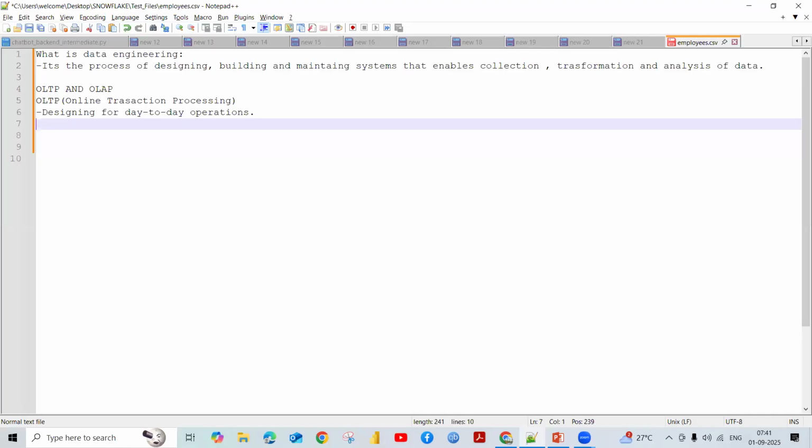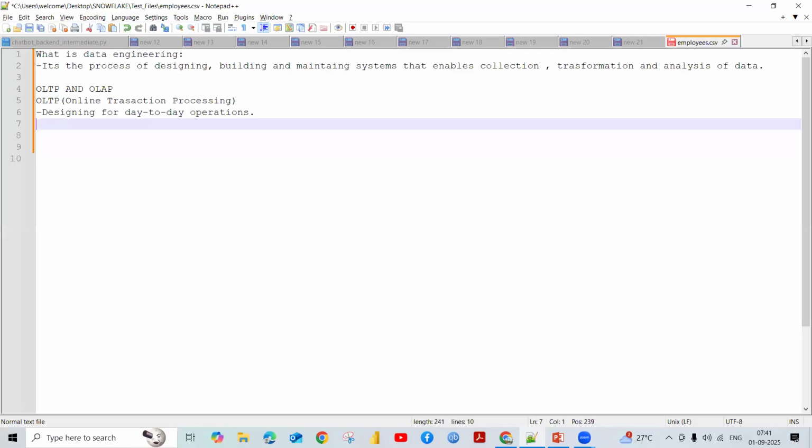So how is that data reflecting so fast and so reliably in his system? The application pulls that data from OLTP.